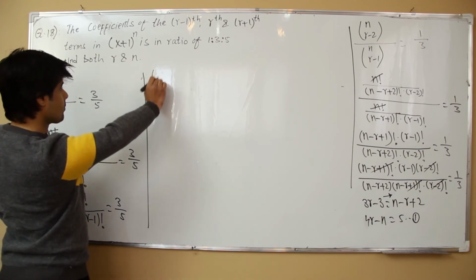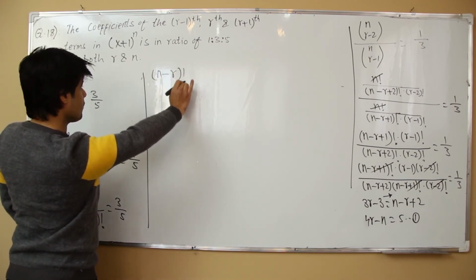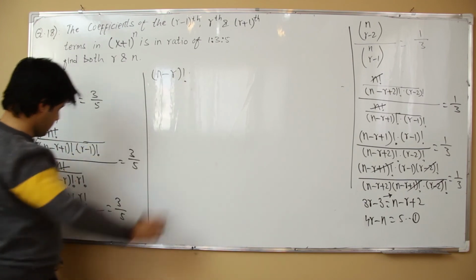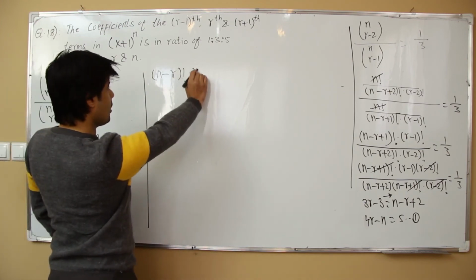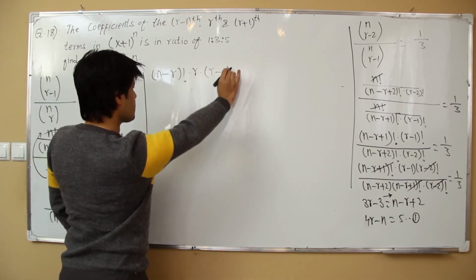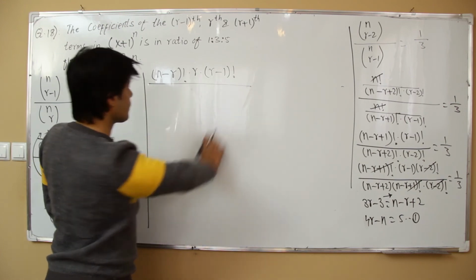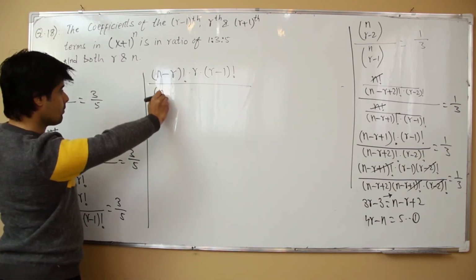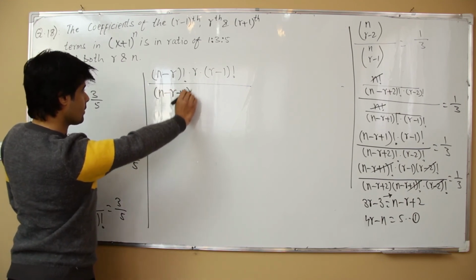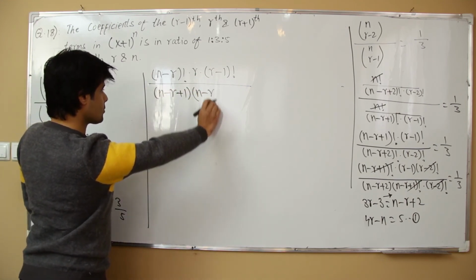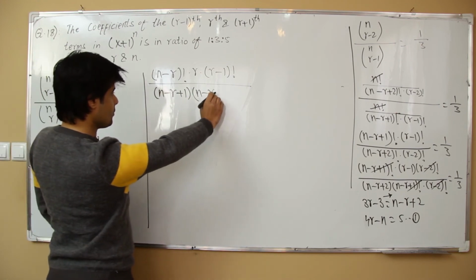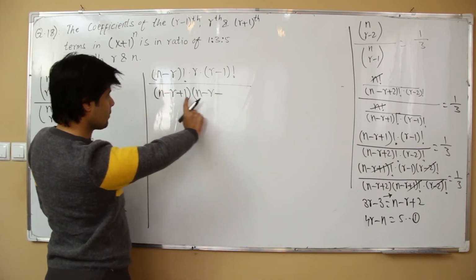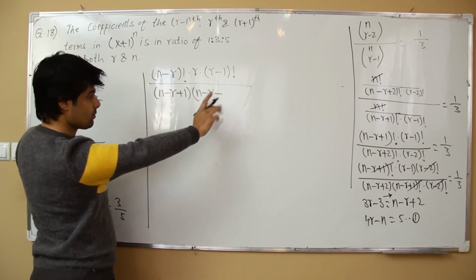n minus r factorial times r factorial is r, and the other term you have to decrease by 1, divided by n minus r plus 1. What's the other term? n minus r. From the plus 1 you have to decrease one term, which is minus 1, and plus 1 with minus 1 is cancelled.